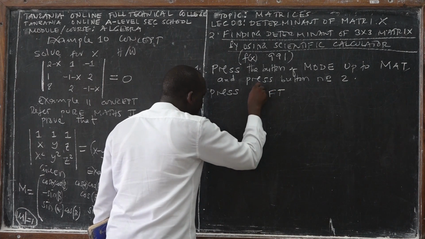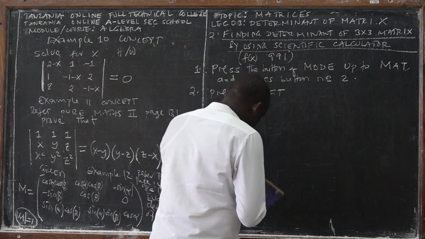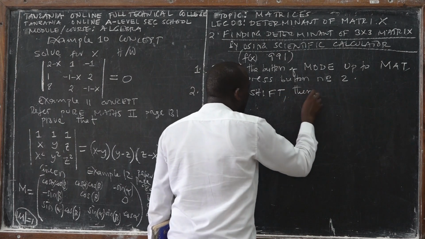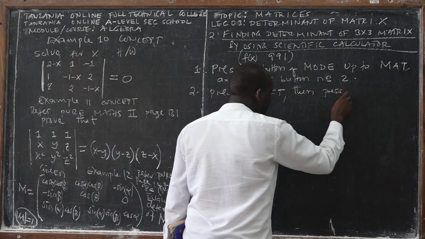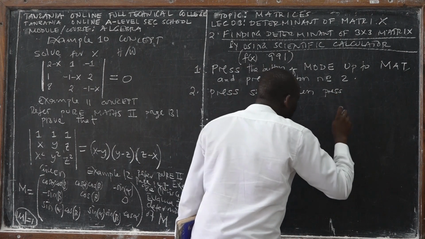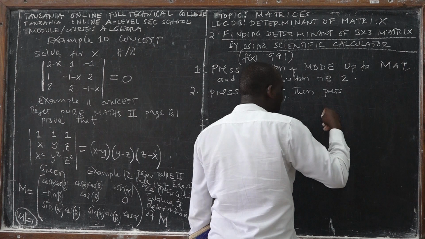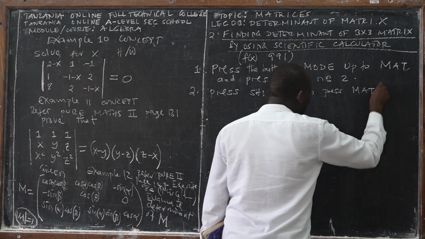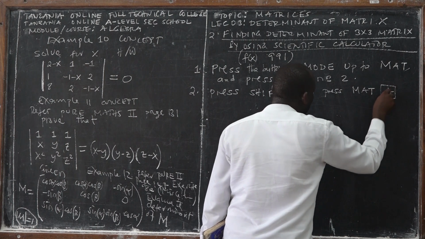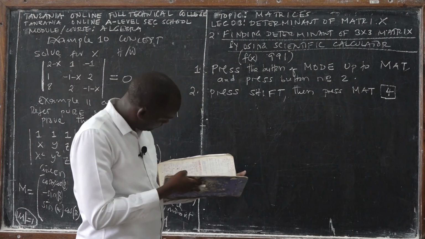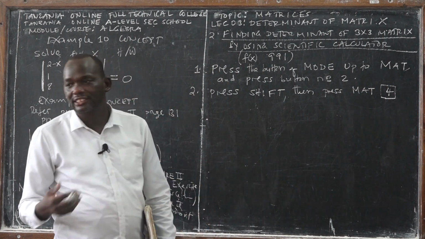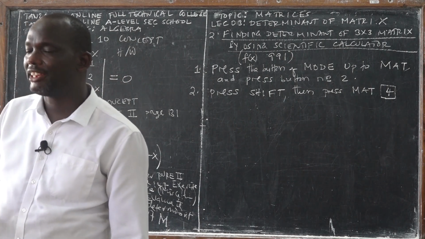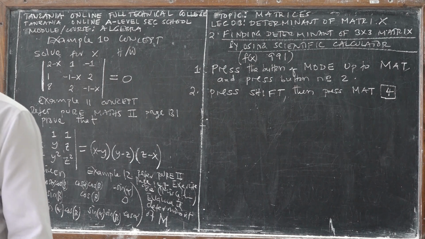Press it once, and then press the button which has the word MAT written on top of it. This is button number 4. On top of it, it has been written MAT. MAT is an abbreviation of matrix, the first 3 letters of the word matrix. So press shift, and then press button number 4.